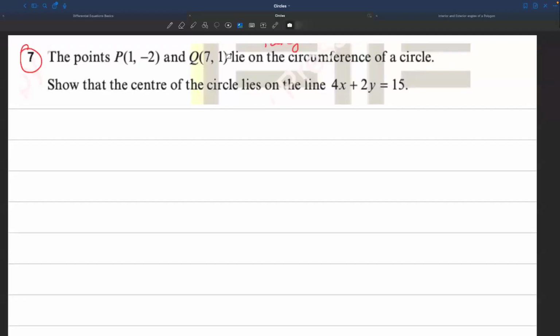Okay, everyone, now look, in question 7 it says that the points P and Q lie on the circumference of a circle. So the first point is 1 and minus 2. So 1 and minus 2, let's say it's over here. The other point is 7 and 1. So they lie on the circumference, ठीक है?